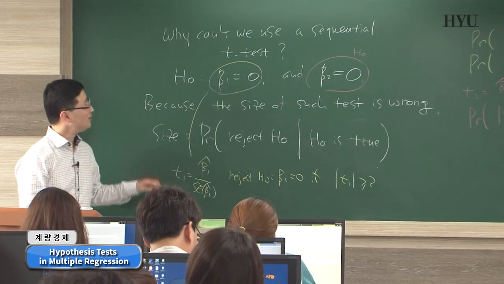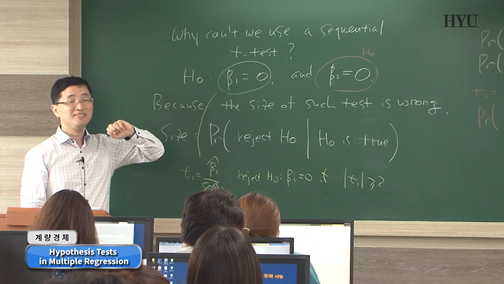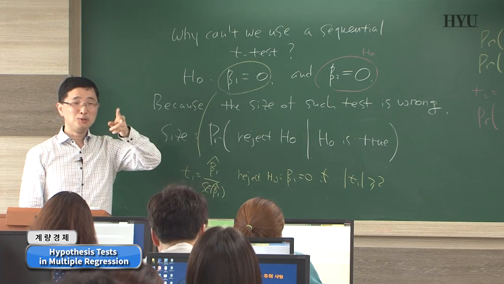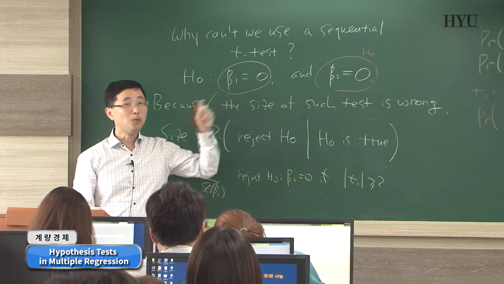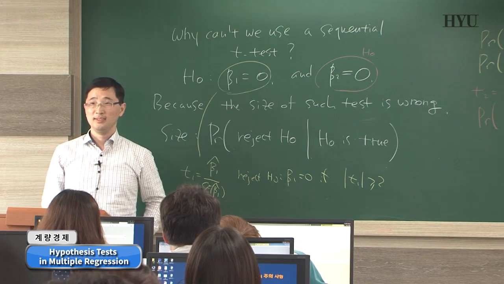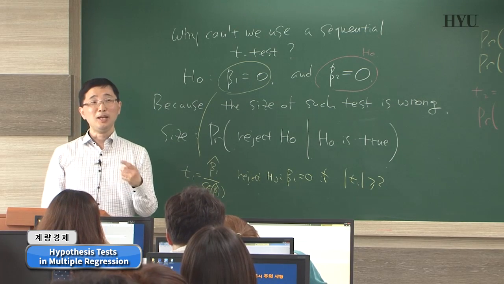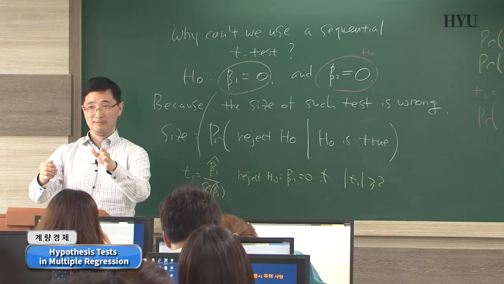Now let's think about the joint hypothesis itself. Again, you can ask questions in two different ways: when I reject it, or when I fail to reject it. When I reject it is harder, because there are three cases.